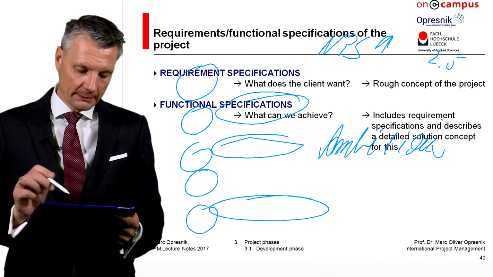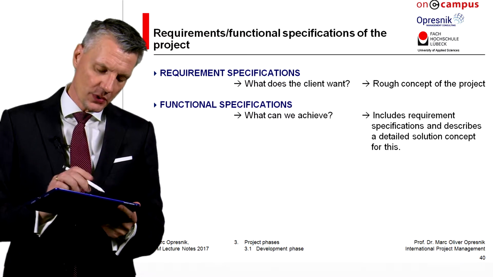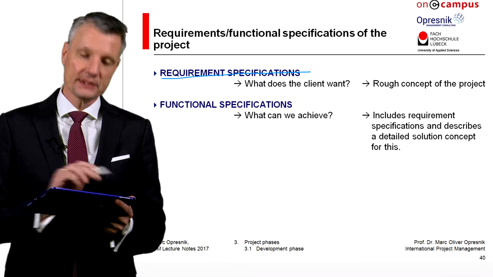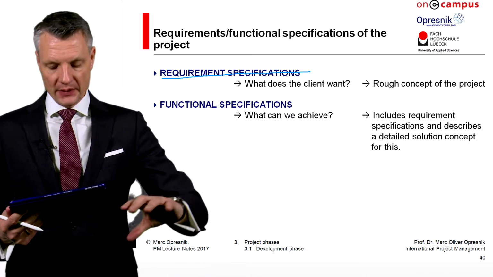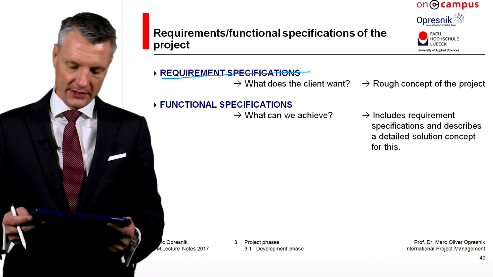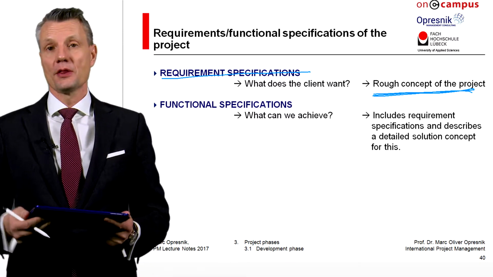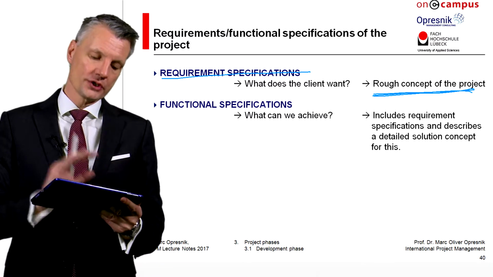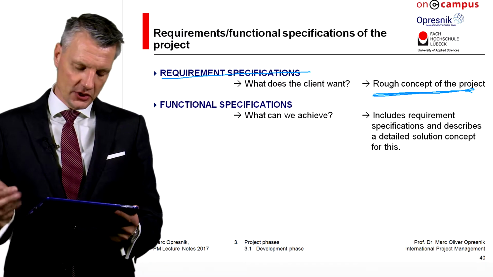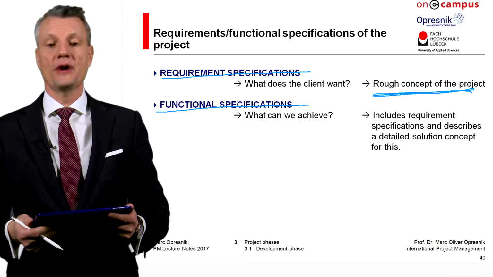Then there are two things which are important. One, in project management, is called requirement specifications. This paper, the requirement specification, is set up at the beginning, and it's the rough concept of the project. The project sponsor usually provides the broad requirement specifications. And then you have to work on the functional specifications.